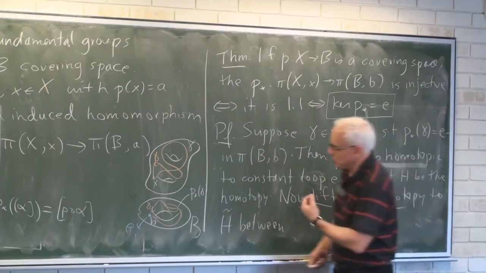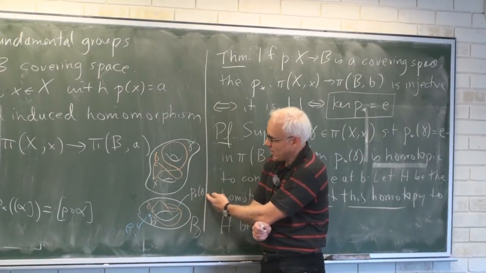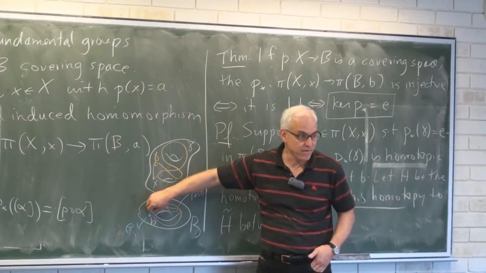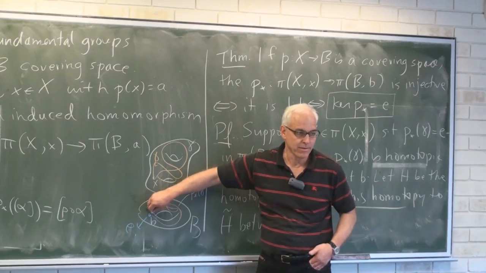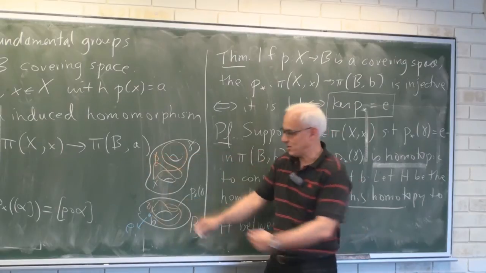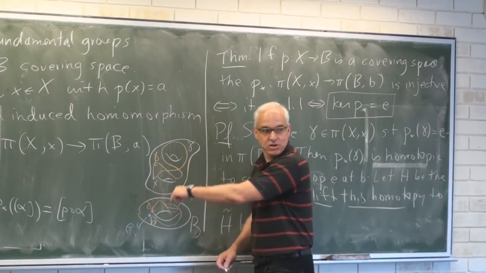Well, what is the lift of P star of gamma? What is the curve up here, which is directly above gamma down here? It has to be the original gamma that we started with, because the original gamma starts at x and at every point is directly above the image downstairs.